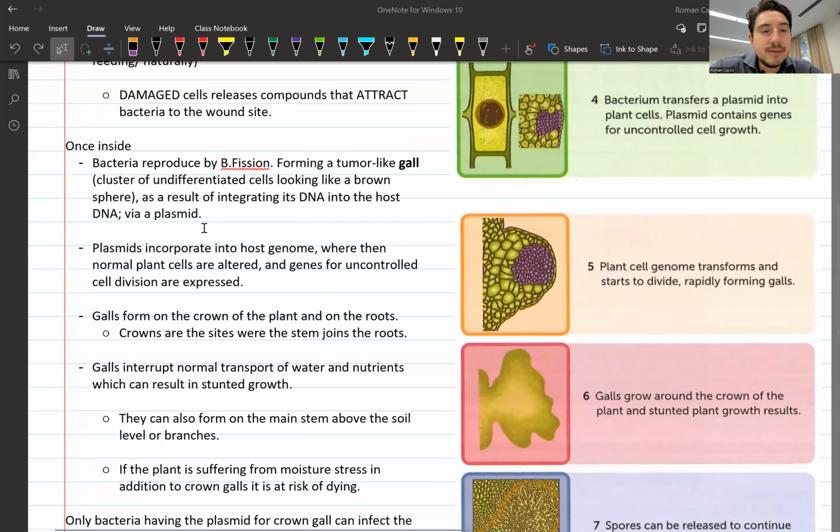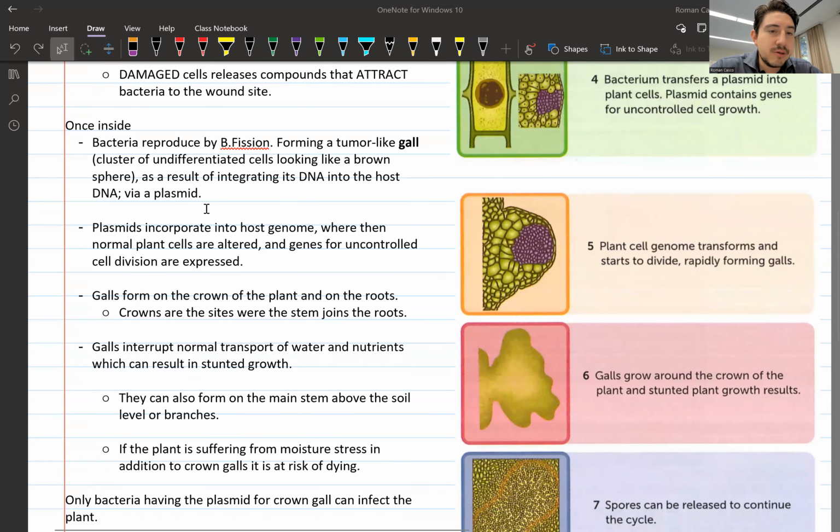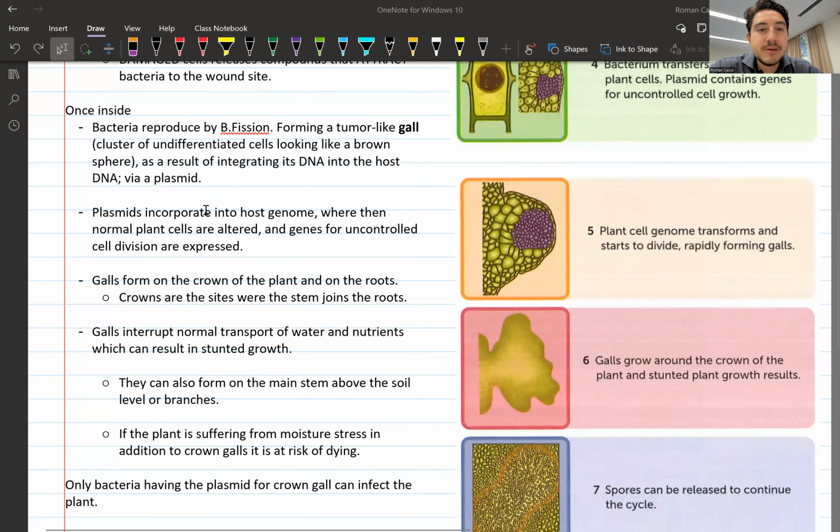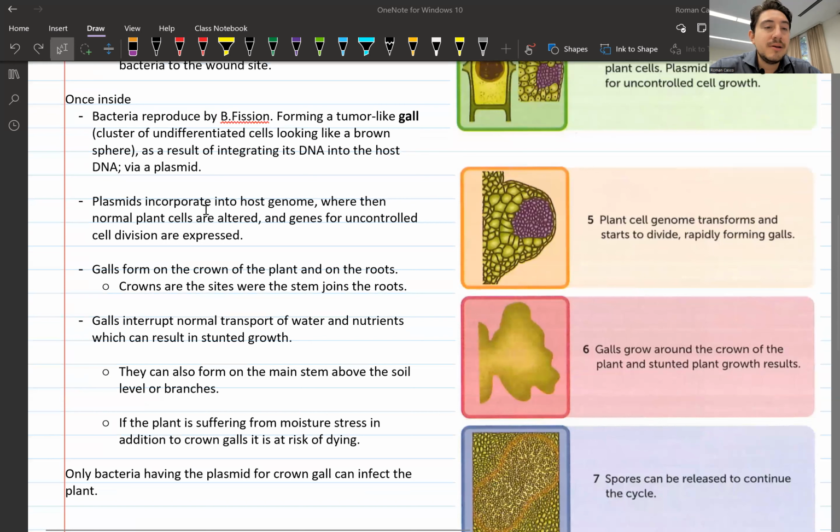And like I mentioned before, it is the result of the bacterial plasmid being integrated into the host DNA, right? You guys already know what plasmids are. I'm not going to go into so much detail there.